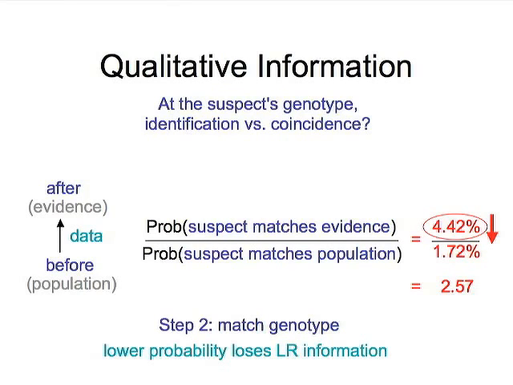So we have to ask the question, at the suspect's genotype, what is the ratio of the degree to which we believe it's an identification divided by a coincidence? Well, the coincidence doesn't change. It's still the same 1.7%, just under 2% that we had before.